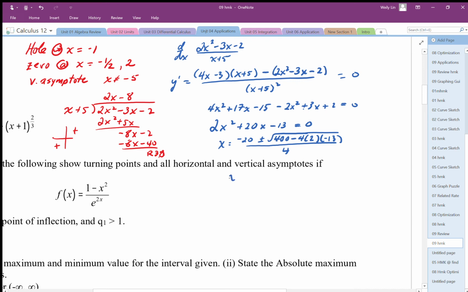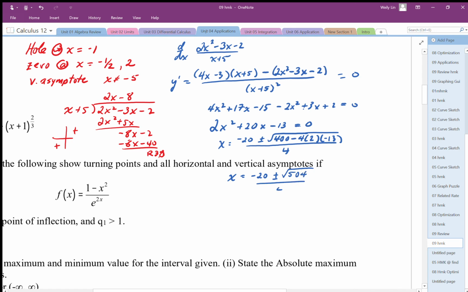Simplifying that expression, we get -20 plus or minus the square root of 400 plus 104, which is 504, all over 4.